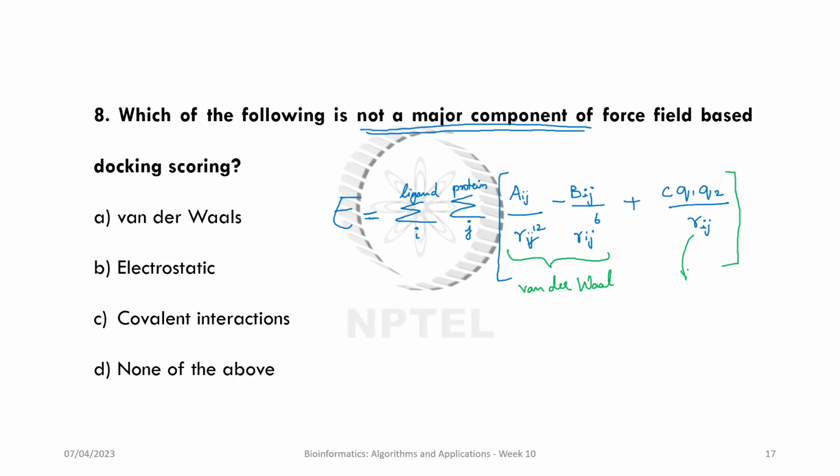The other part concerns the electrostatic component. So under not a major component, both these will fail, and none of the above can also not be true. The right answer is covalent interactions is not a major component of force field based docking scoring.